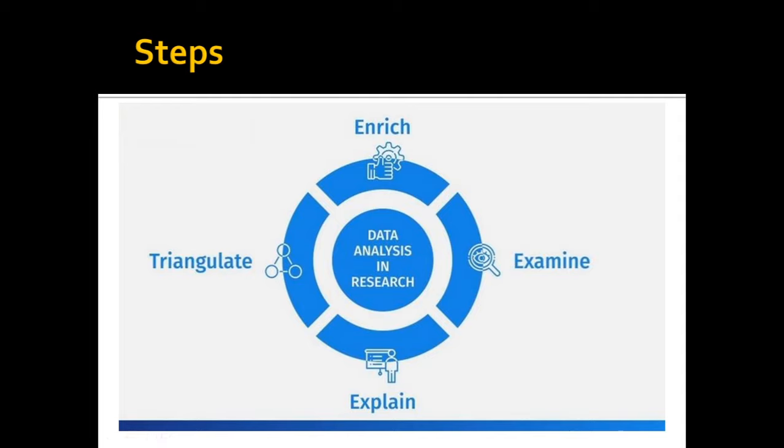After examining, you will be able to explain what is hidden in those data. That's called explain. And then this is called triangulate. That means you're giving some reasons as to why the findings are as they are. This is called triangulation. So what does it mean? Triangulate means you're using multiple sources for interpretation of your data.